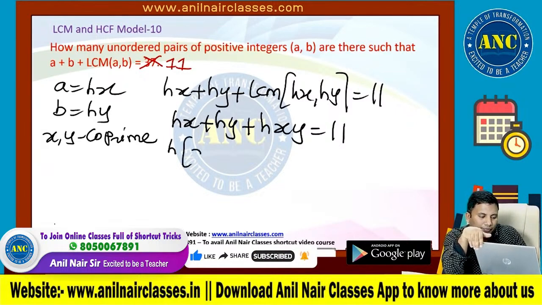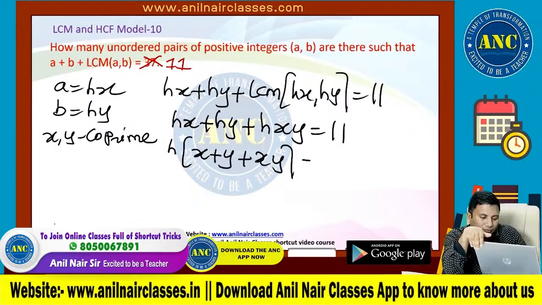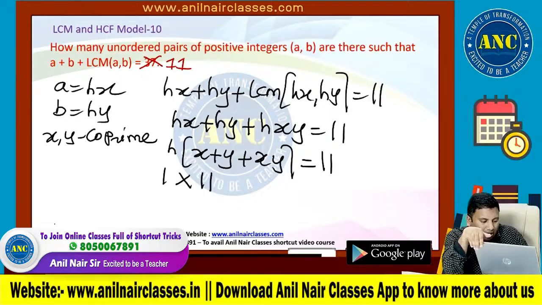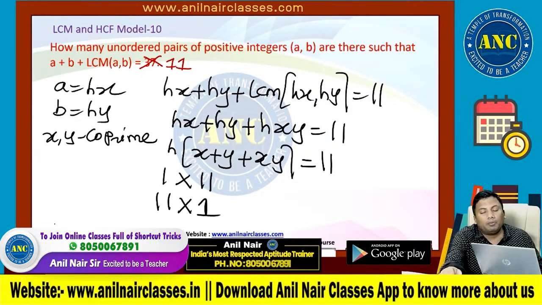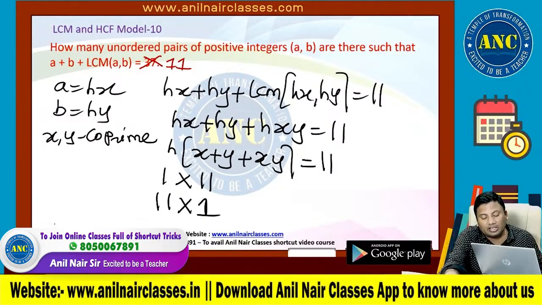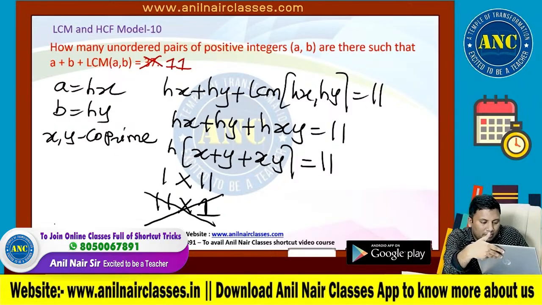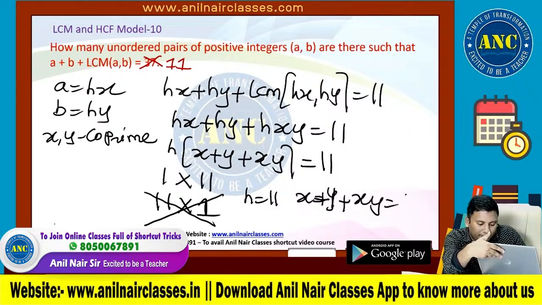h into (x plus y plus xy) is equivalent to 11. Is this 1 into 11 or 11 into 1? Because a prime number has only two factors, 1 and itself: 1 into 11 and 11 into 1. This is not possible, because if h is 11, x plus y plus xy will be 1.